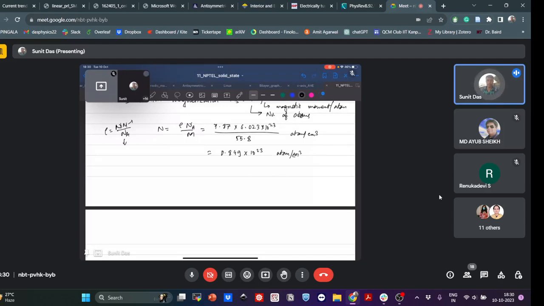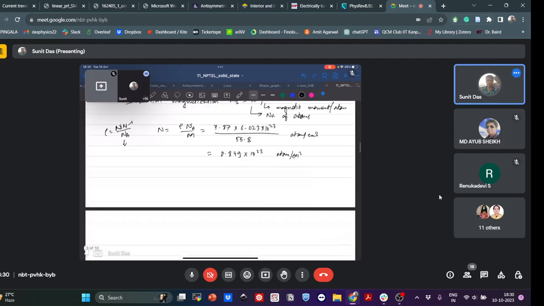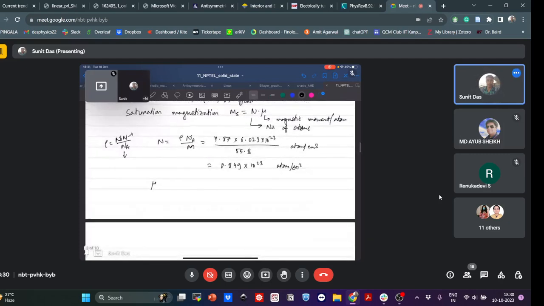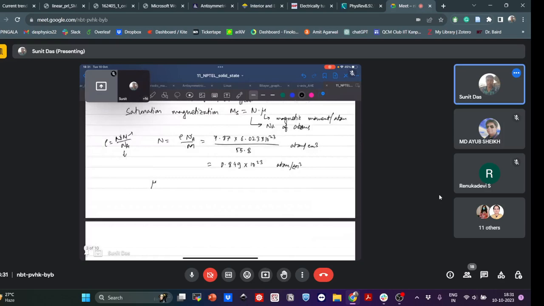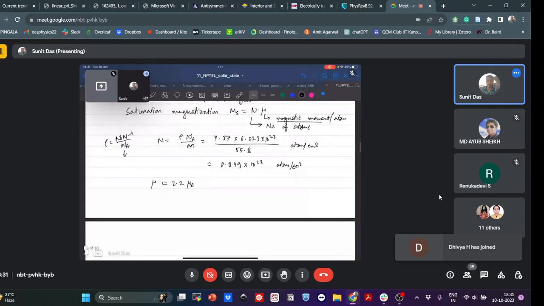So then mu atom, or the total magnetic moment. So mu is given as 2.2 mu b. This is the magnetic moment per atom.